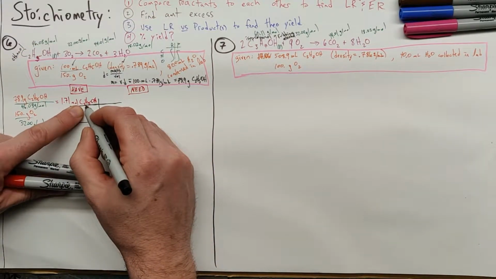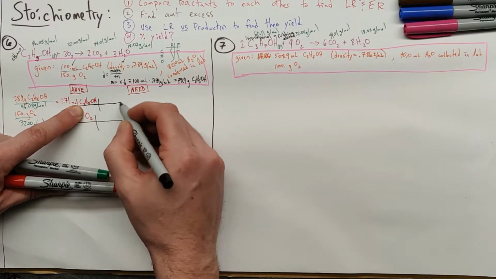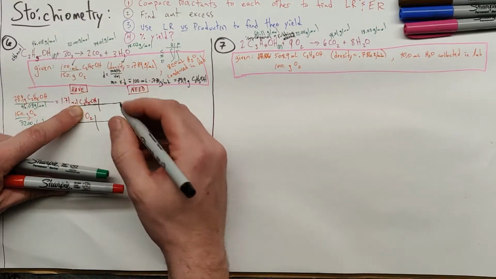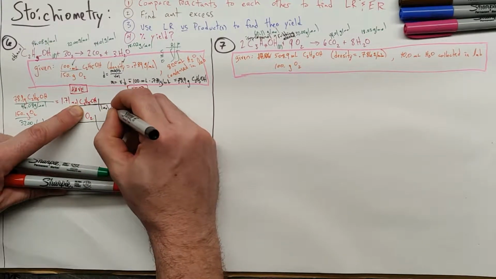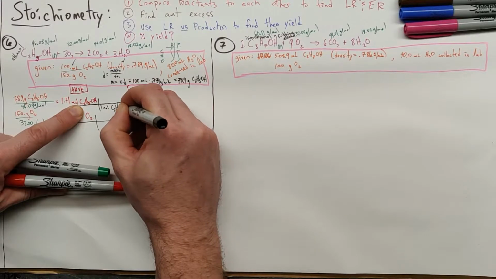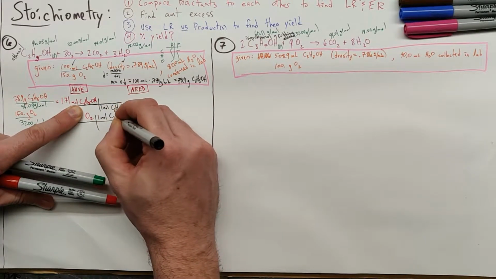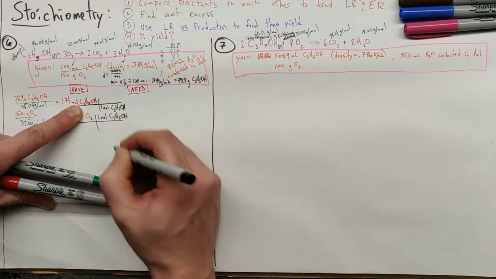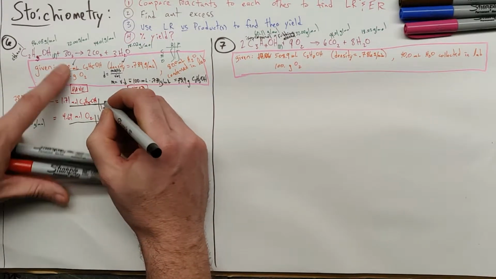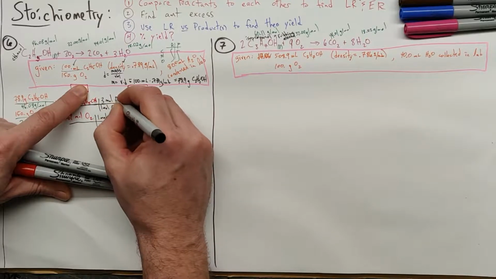If we look at our balanced chemical equation, that's where everything after the first box comes from. It says there's 1 mole C2H5OH. And one of the ways that I cut corners is I know I'm going to need it down here as well. So while I have that number in my head, I'm going to write it right there. And then in the top, I need 3 moles of oxygen.